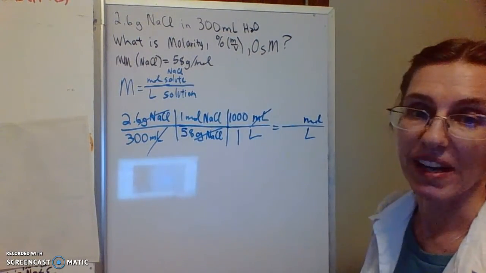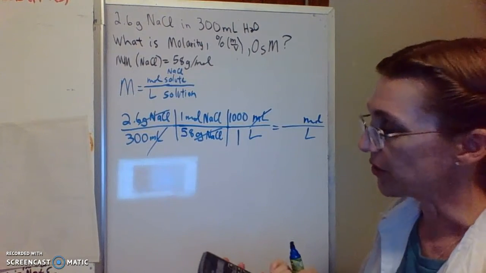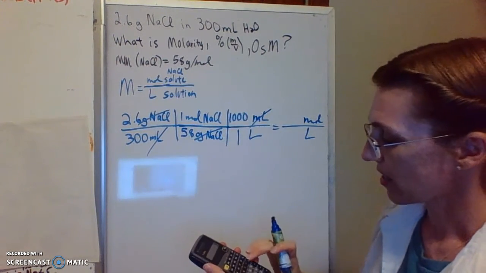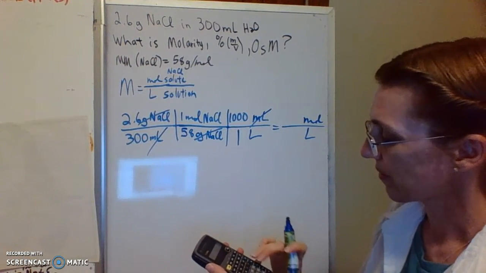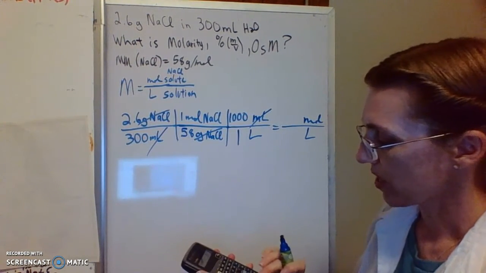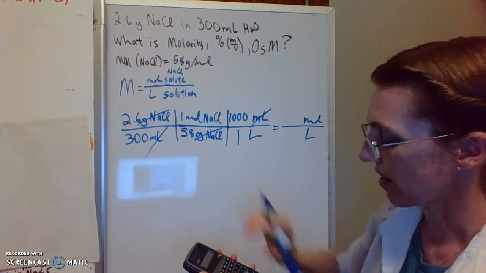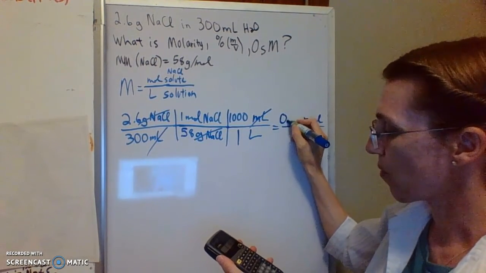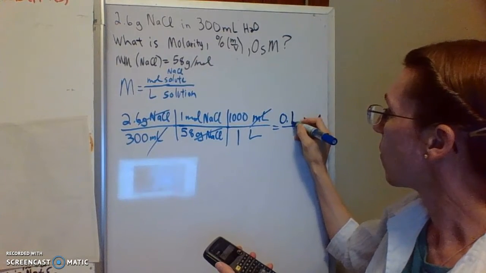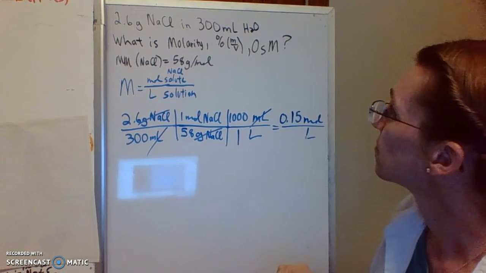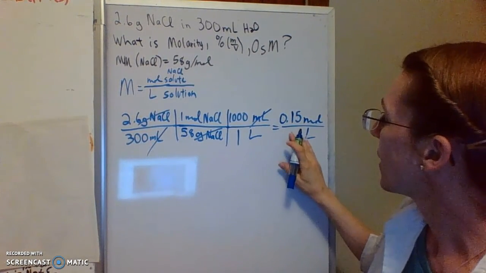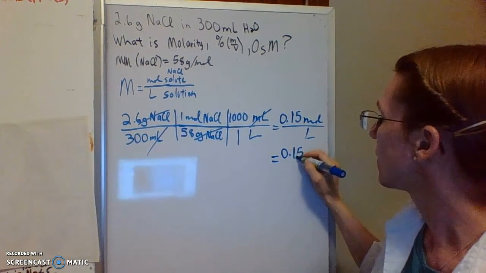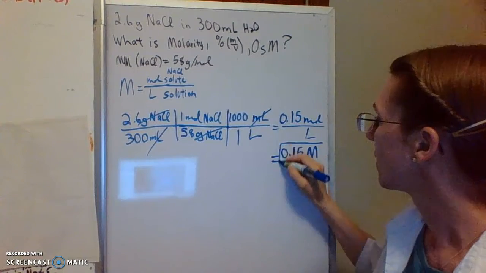Let's go ahead and grab our calculators, and you can do this with me. 2.6 times 1 times 1,000 divided by 300 divided by 58, and we get 0.15. So now, since it's moles per liter, that is molarity, so we can change it to a capital M.